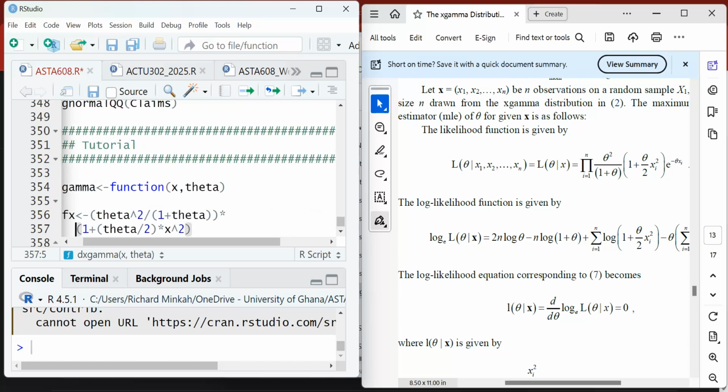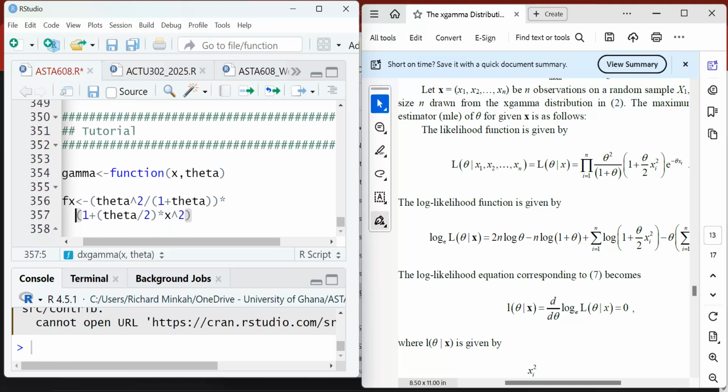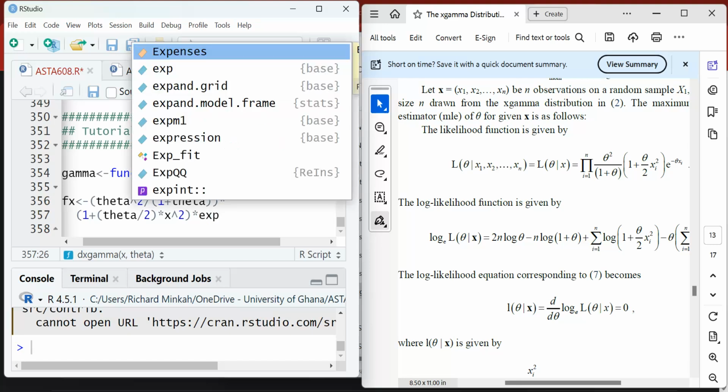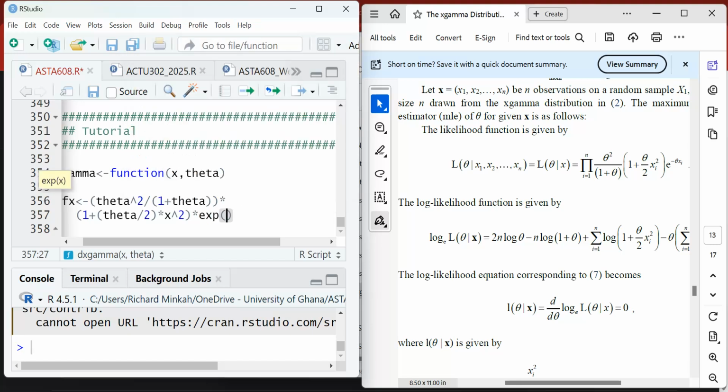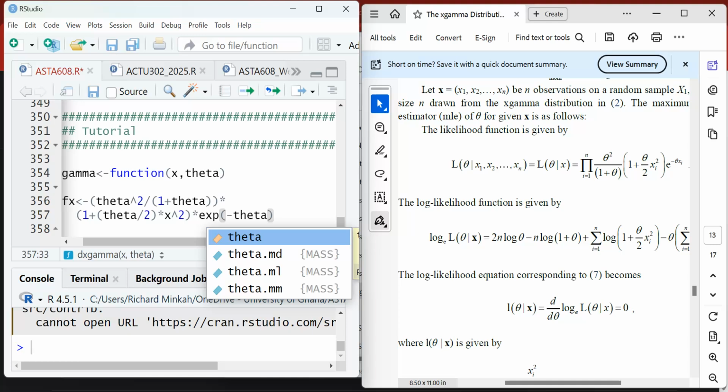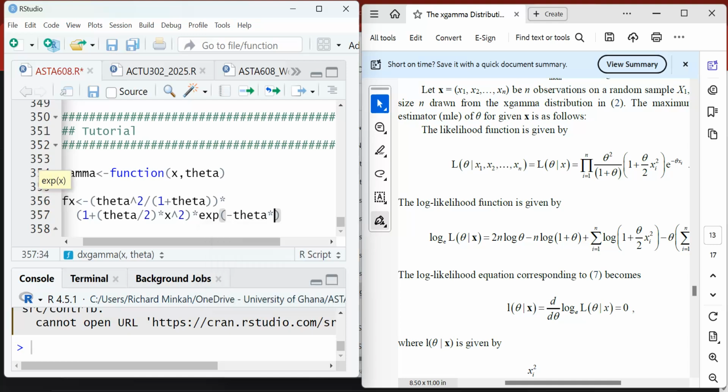I want to bring this down so that it makes it easier for us to see. Okay, then what next? We multiply it by what? exp, and it's what? Negative theta times x. Is everybody okay with it?